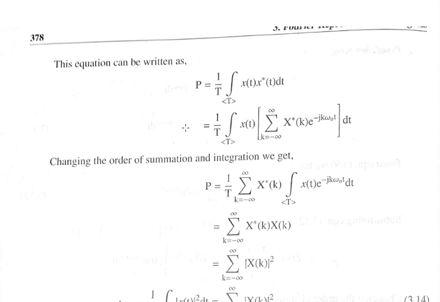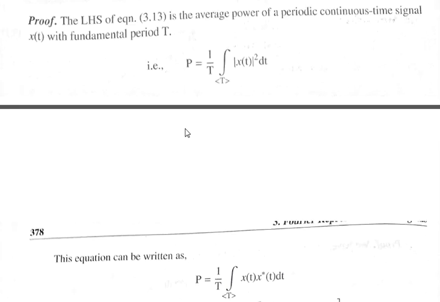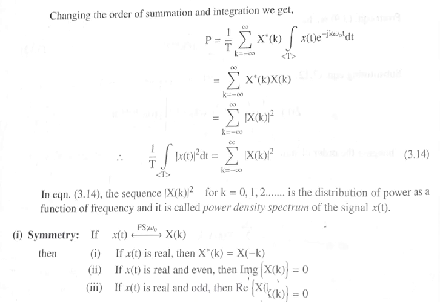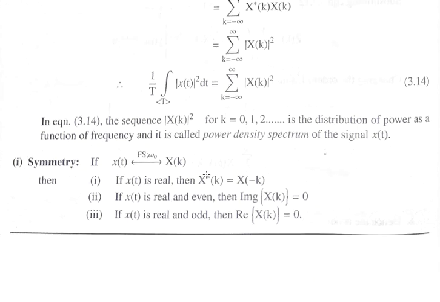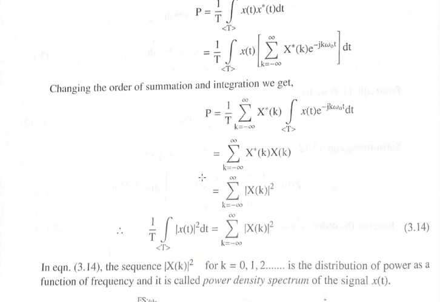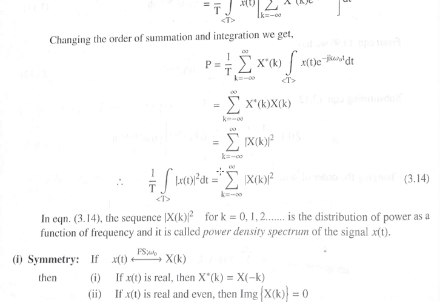So this proves the same thing, that is P equals 1 by T. With this we started and we arrived at the other one, which is nothing but Parseval's theorem. So this is regarding the properties, and we can see the problems in the next video.